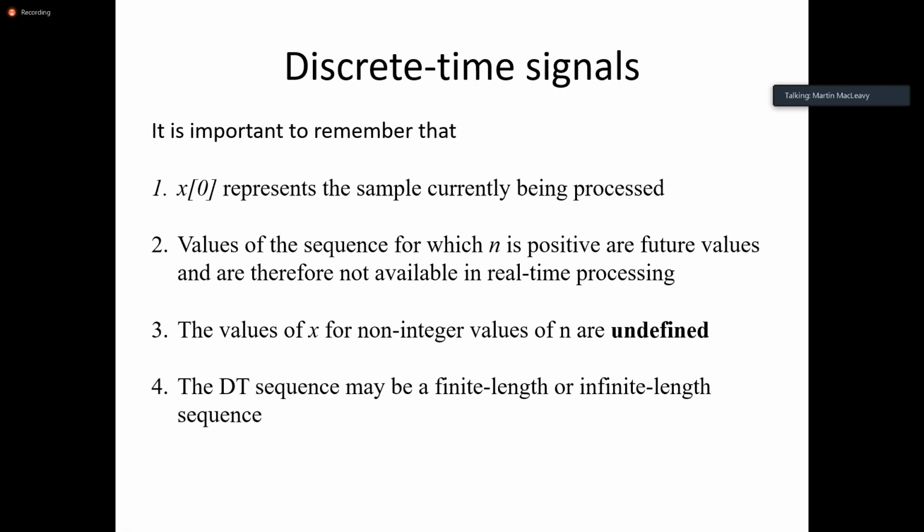Well, we don't need to know them at all, really. And the discrete time sequences that we will be dealing with may be finite length or infinite length sequences. Theoretically, we can extend to infinite length sequences, but in practice, as you know, every sequence is going to be of finite length.